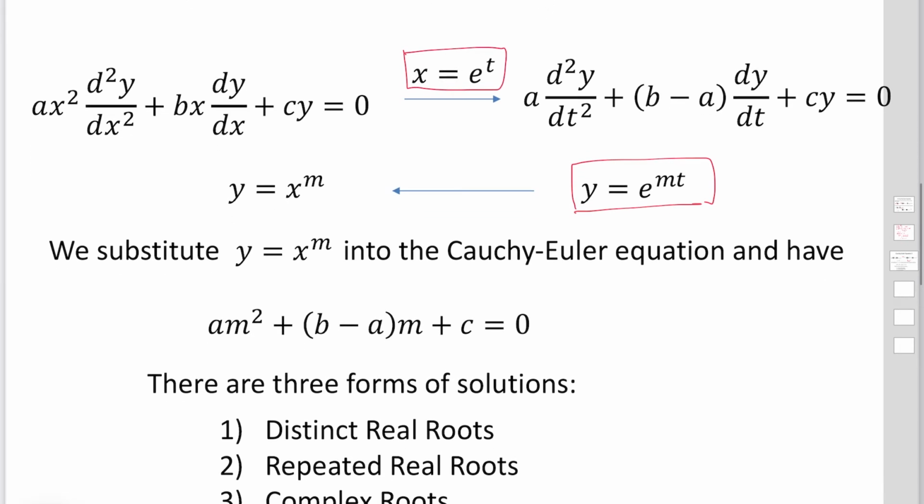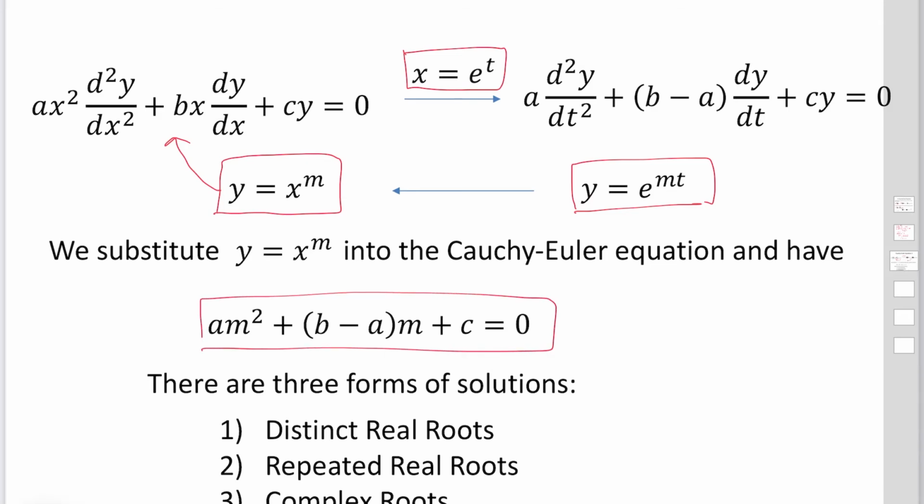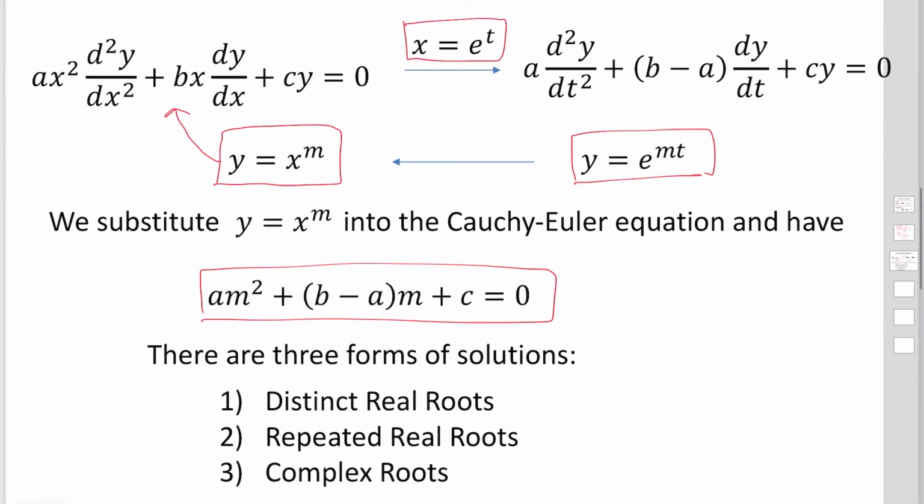Or you can substitute y equals x to the m into the Cauchy-Euler equation to find the exact same equation for m: a m squared plus b minus a m plus c equals 0. Once you have an equation for m, you can substitute it into the power index of m, and you will get the answer.